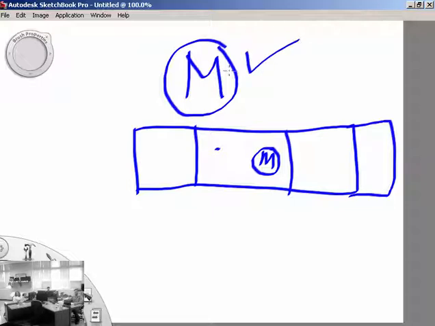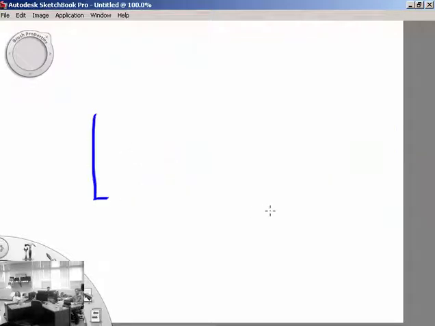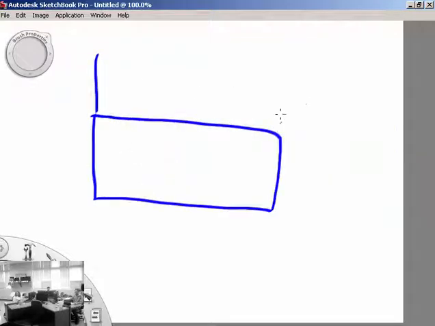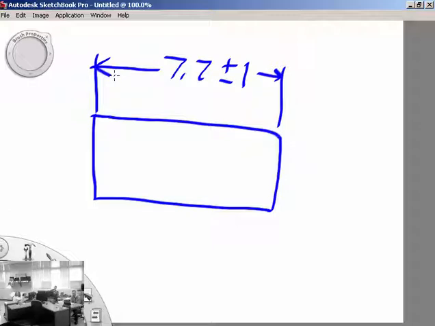Here's why. If I give you a part and I say 7.7 plus or minus 1, that's a tolerance, right? And if you're in quality control, no matter what happens when that part comes through, you have to reach down and check with your tape to make sure that fits within the range, correct?